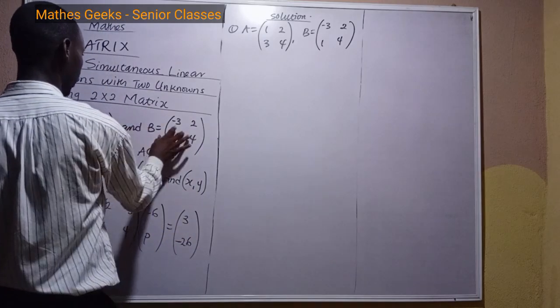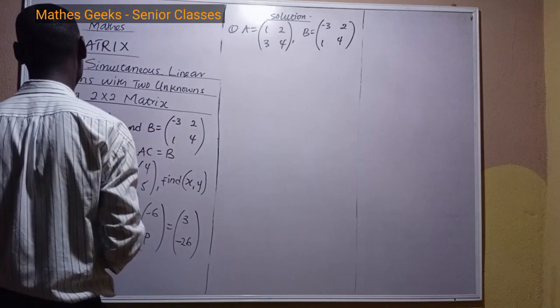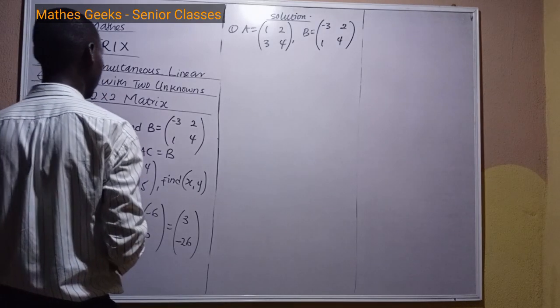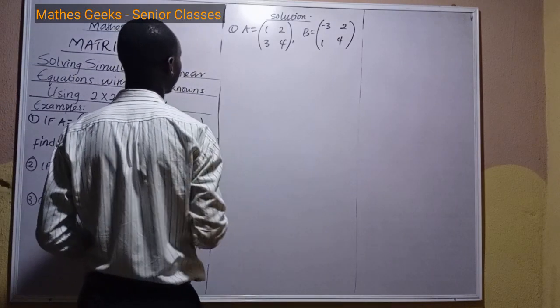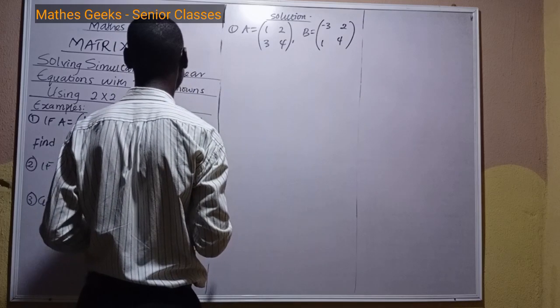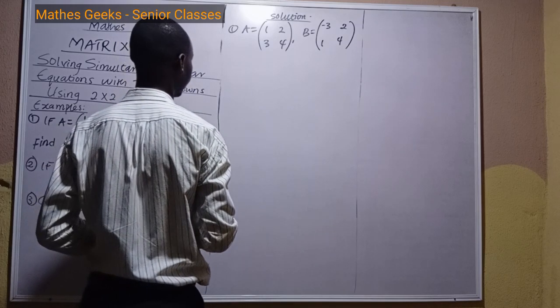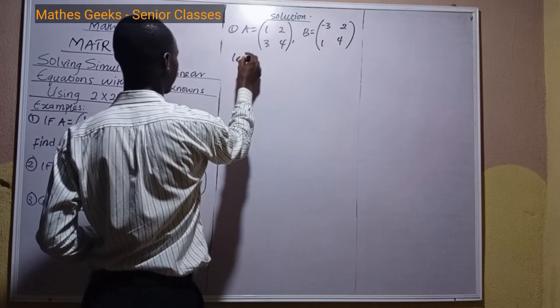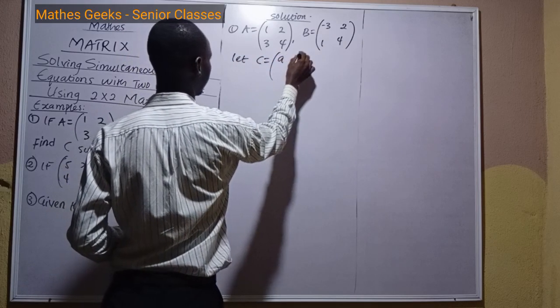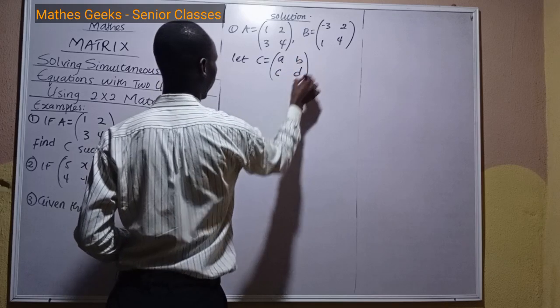Since both A and B are 2 by 2 matrices, matrix C will also be a 2 by 2 matrix. So let's represent matrix C with unknown entries, and we're going to represent the unknowns by variables. So let matrix C equal a, b, c, d.